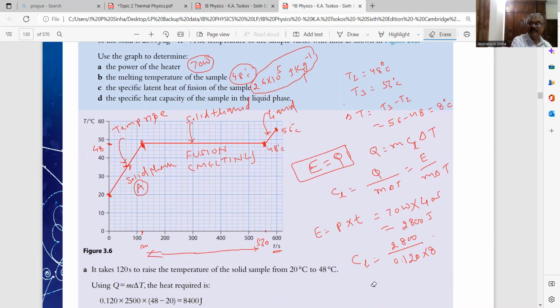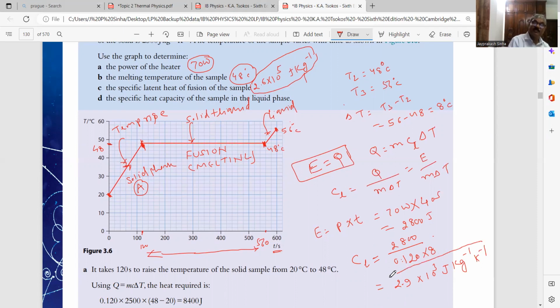So what we are getting here, CL, means the specific heat capacity of the sample in liquid phase, will be 2800 upon 0.120 into 8. And after calculating, we are getting it as 2.9 into 10 to the power 3 joule per kg per Kelvin. I have already calculated it.